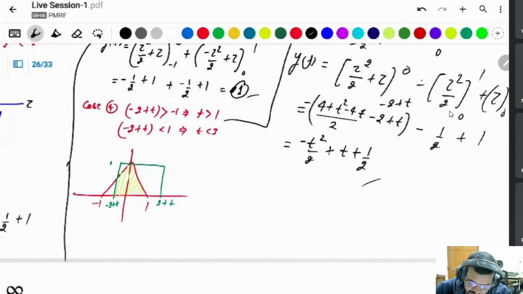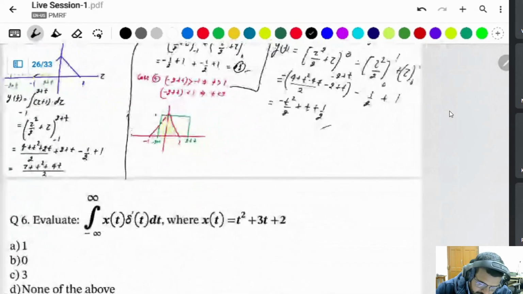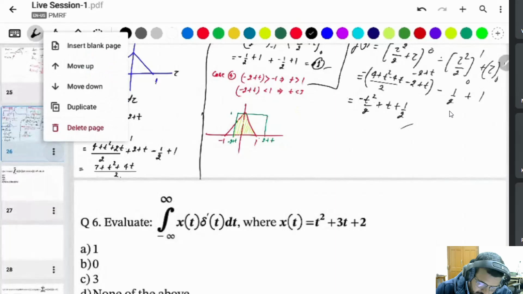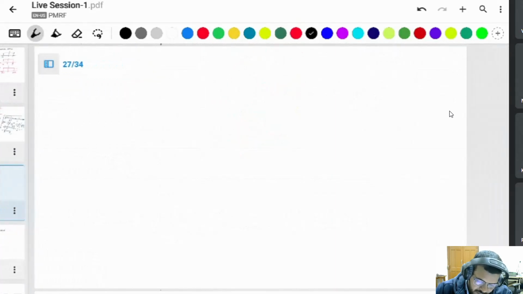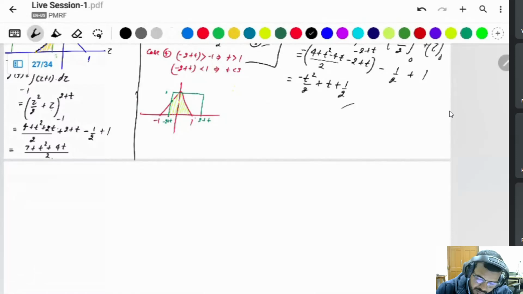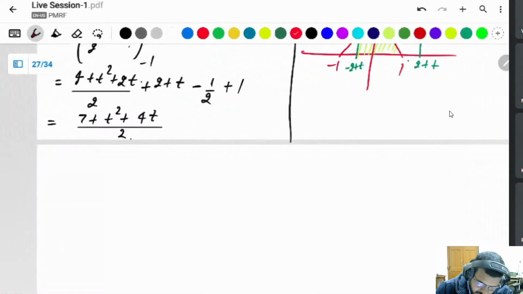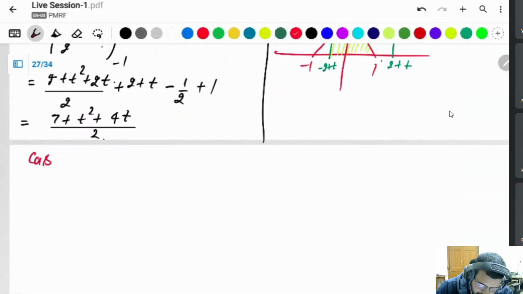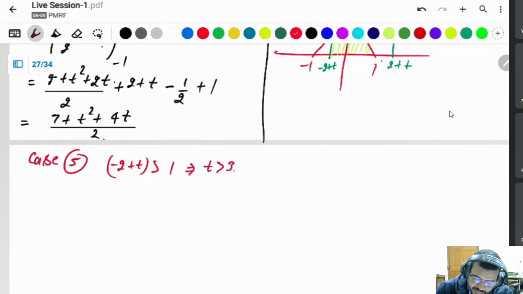Next case 5, this will be also greater than 1. The last case, number 5, minus 2 plus t is greater than 1, it means t greater than 3.